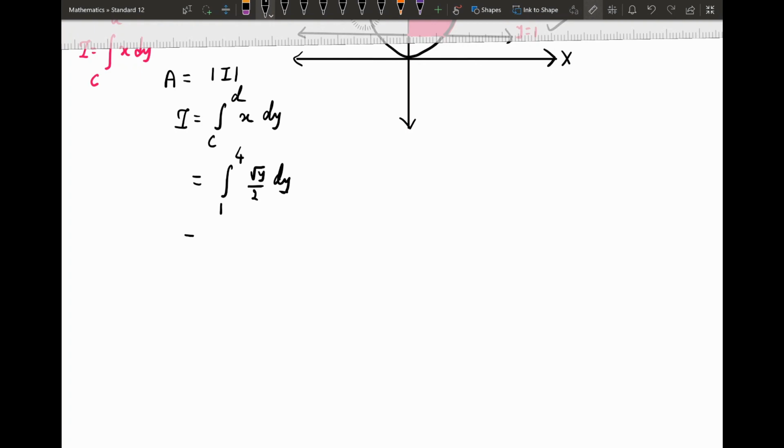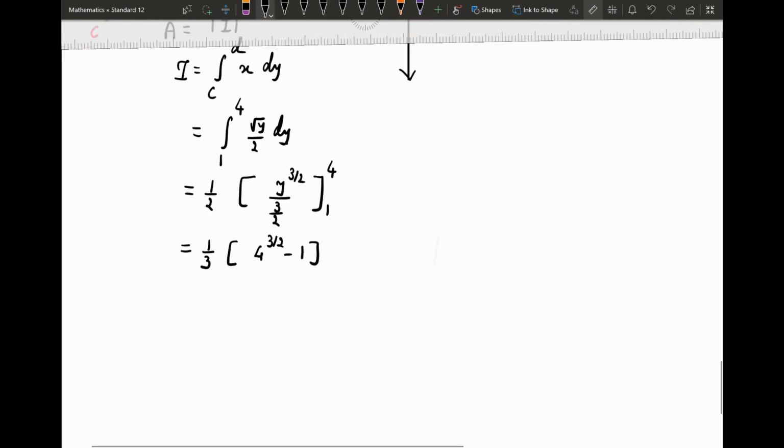Now 1 by 2 is constant, y raised to 3 by 2 upon 3 by 2, from 1 to 4, so this is 1 by 3. First put the upper limit, 4 raised to 3 by 2, minus the lower limit, y equal to 1.